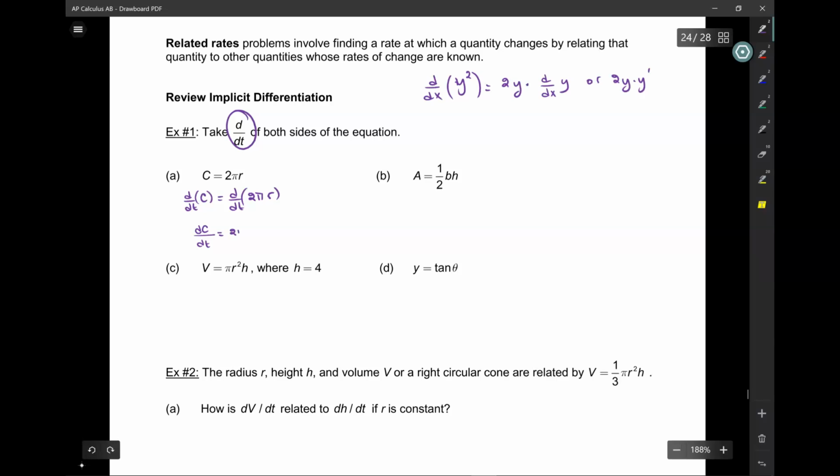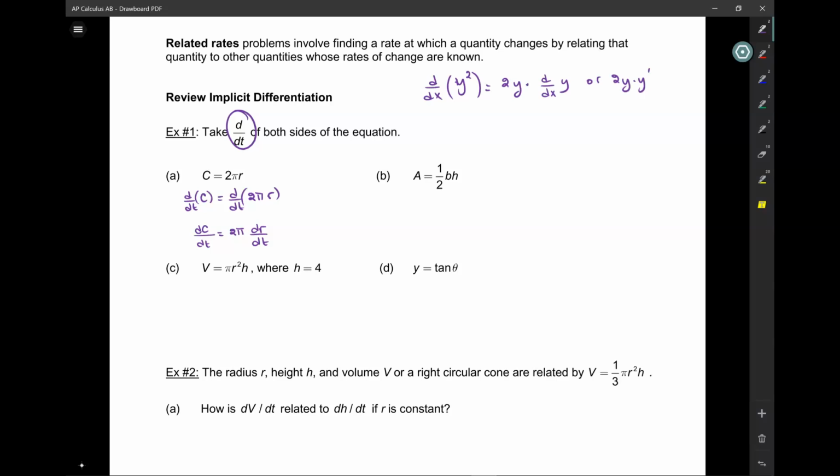I can take them out of the derivative, and I could just say 2 pi dr/dt. So why is it dr? Because I'm taking a derivative of r with respect to t.